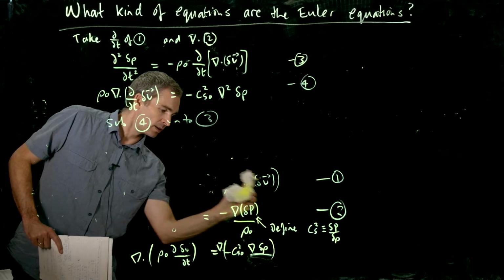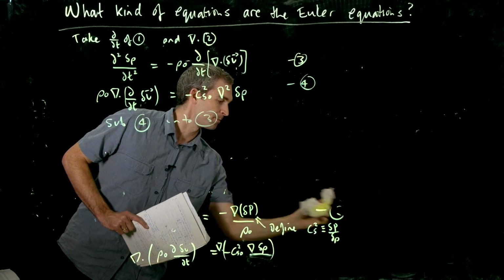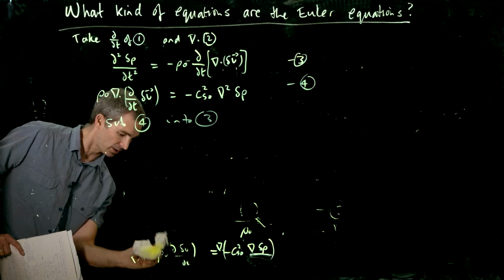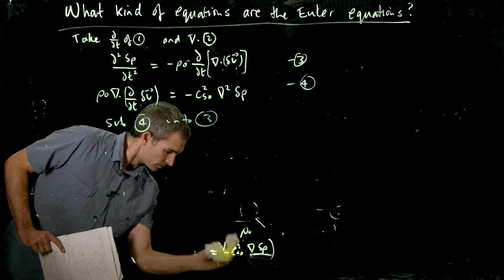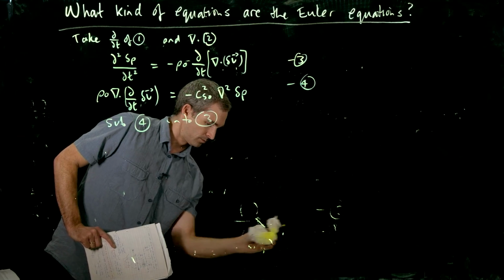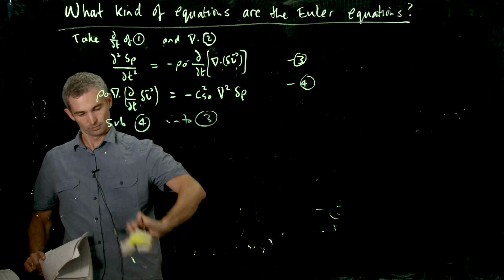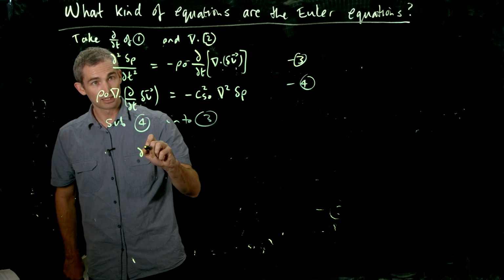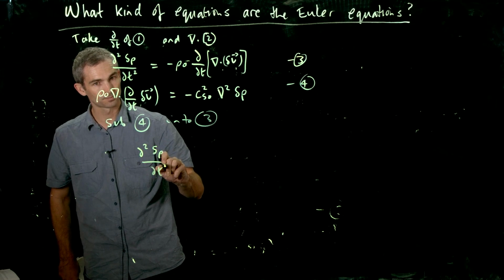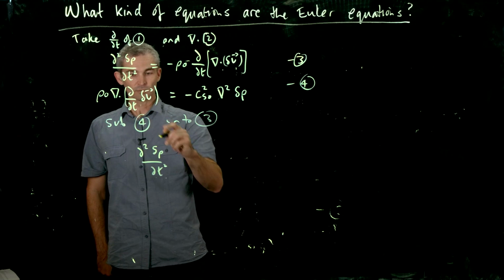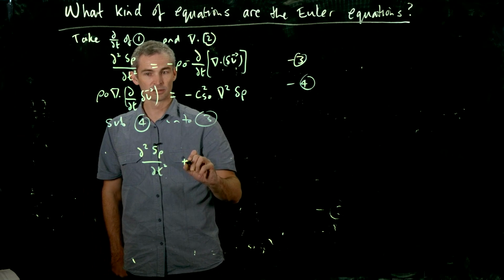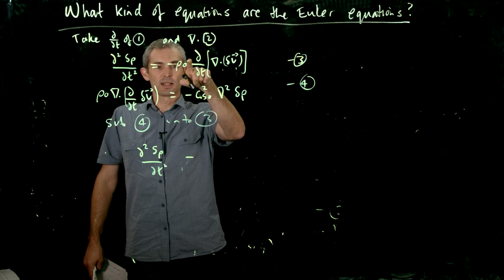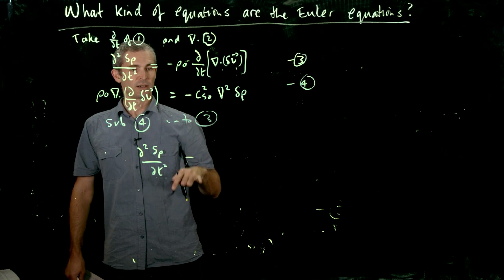All right, but let's substitute. Let's get rid of one of our equations now. And you should see a little bit of magic unfold here. So we're going to get the following. We're going to get d squared delta rho dt squared minus... So this term is going to be replaced by the negative of this term on the right-hand side.